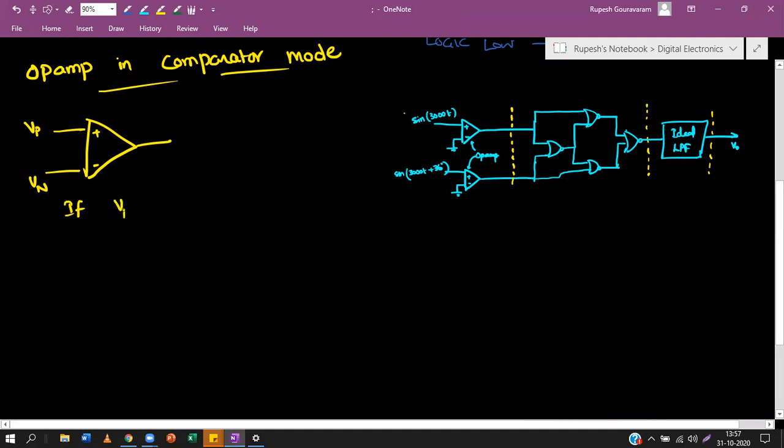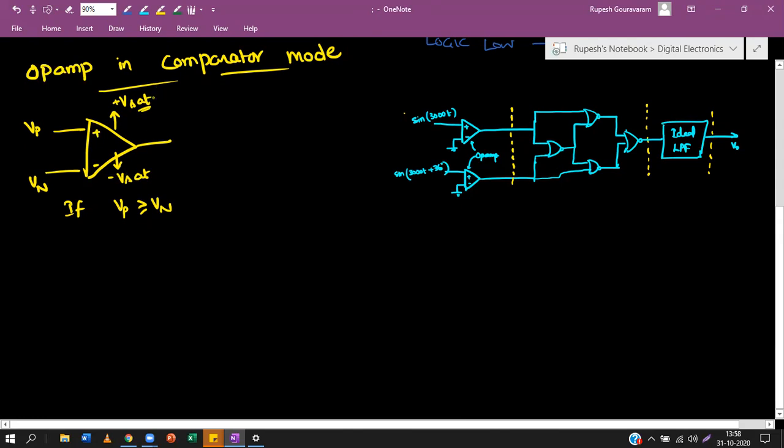If VP is greater than or equal to VN, then, as the op amp will get connected, there will be two more terminals to the op amp. First will be connected to plus VSAT, and downward it will be connected to minus VSAT. Plus VSAT means saturation voltage, and minus VSAT means negative saturation voltage.